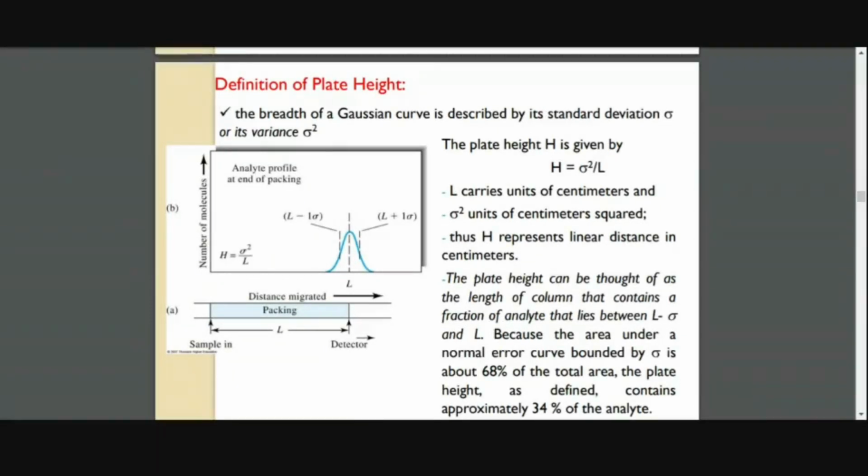So this Gaussian curve is the shape of your peak in chromatography. If that is the peak in chromatography, the plate height H is given by the formula H equals sigma square divided by L, where L, what do you think?